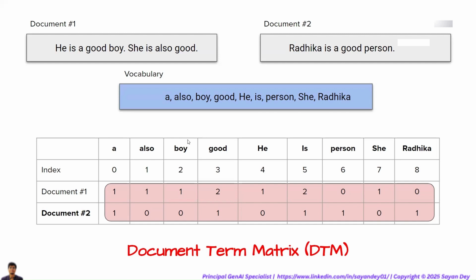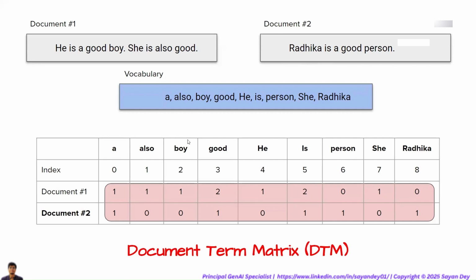The idea is clear. You can see here, document one and document two are part of my rows, and along the columns we have a, also, boy, good, he, is, person, she, Radhika. These are the list of unique words that we originally had. And the cells are showcasing the word counts.